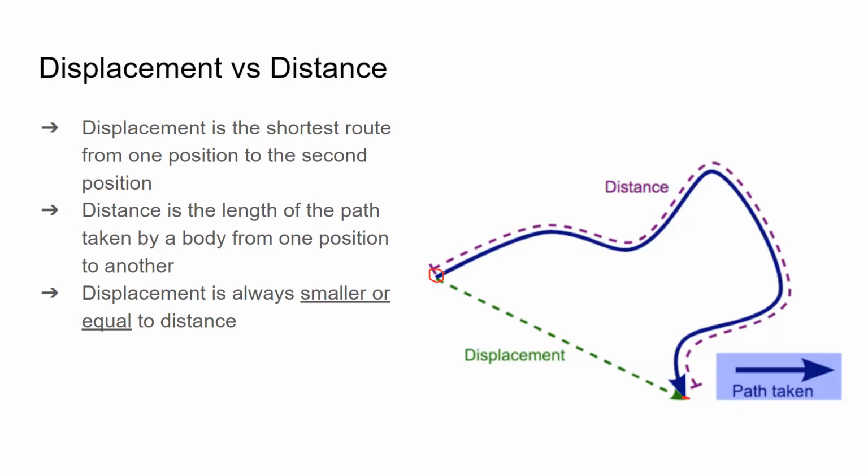If you have a circular track and you start off at this position and complete one entire lap, what do you think your displacement would be? If you can type in the chat.